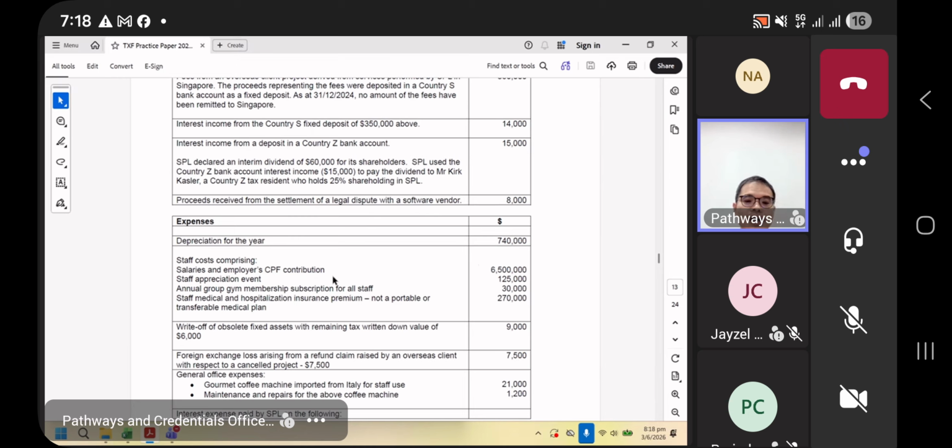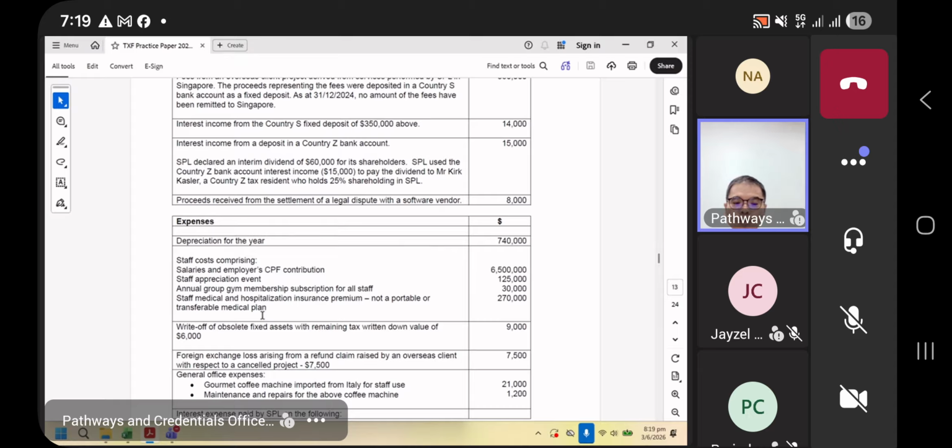Okay, and one thing that I want to emphasize is that when you see medical things, and you know that this is a portable or not a portable or transferable medical plan, then what comes into your mind is that for these medical expenses, you need to consider whether it is deductible against 1% or 2%.